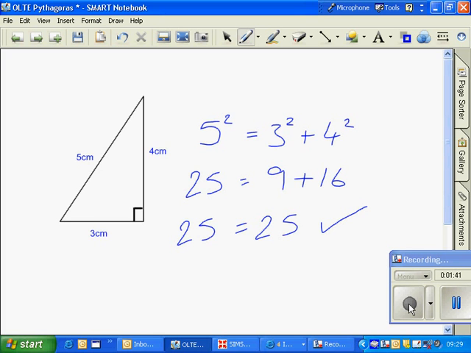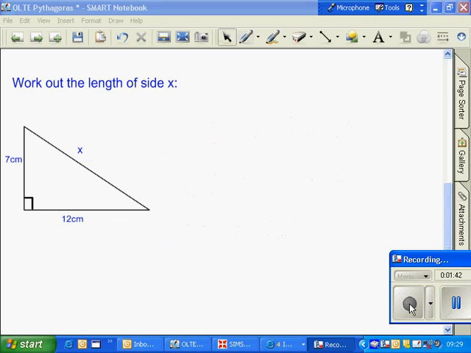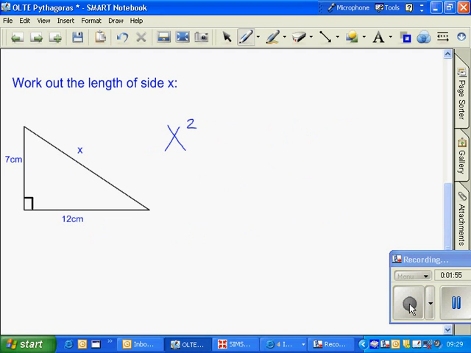If we then move on and apply this to a question, here we have a right angle triangle with one of the sides missing. We have to work out the length of side x. Using Pythagoras again, the longest side in this case is x, so we square it. That's equal to 7 squared plus 12 squared.